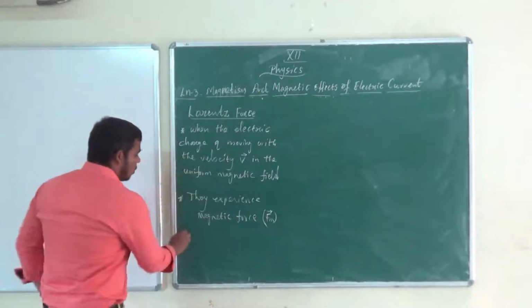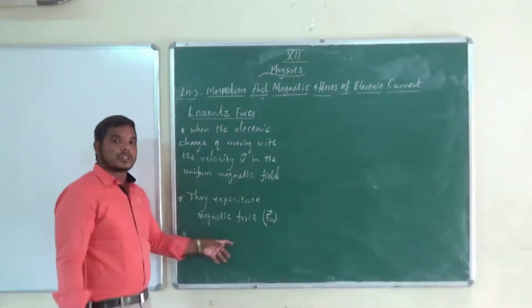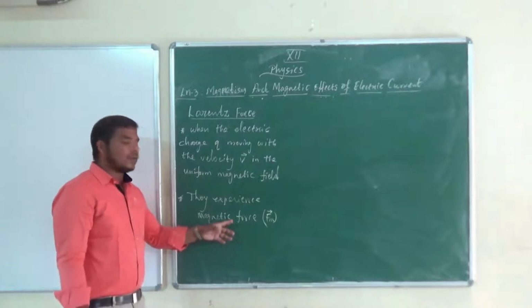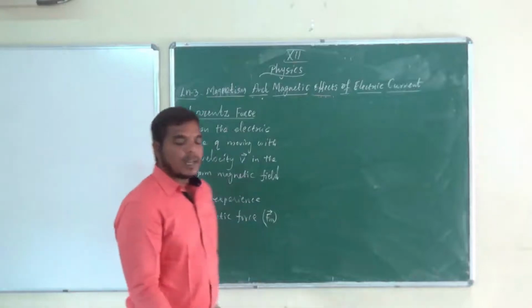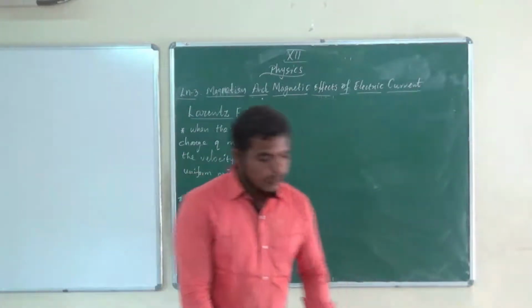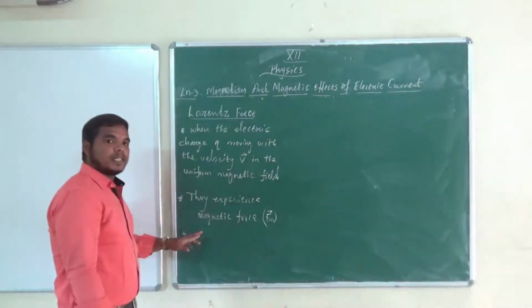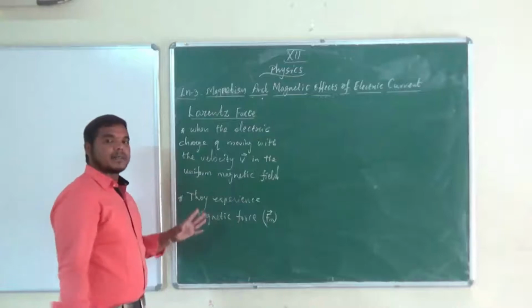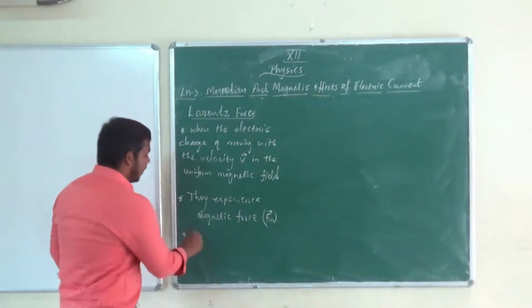After many experiments, Lorentz deduced the magnetic force, the force experienced by a moving charge in a magnetic field, in vector form.